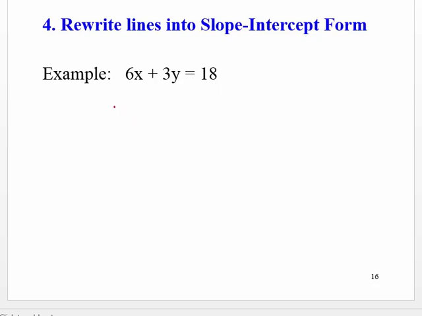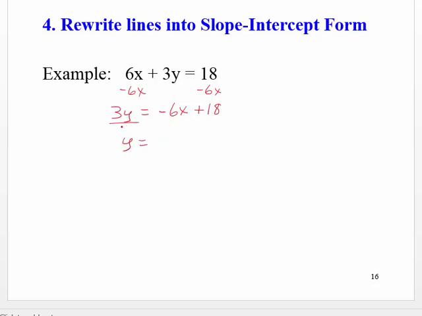Solving for y, we have 3y is equal to minus 6x plus 18. Subtracting 6x from both sides. Divide by 3. And 3 divides both terms.